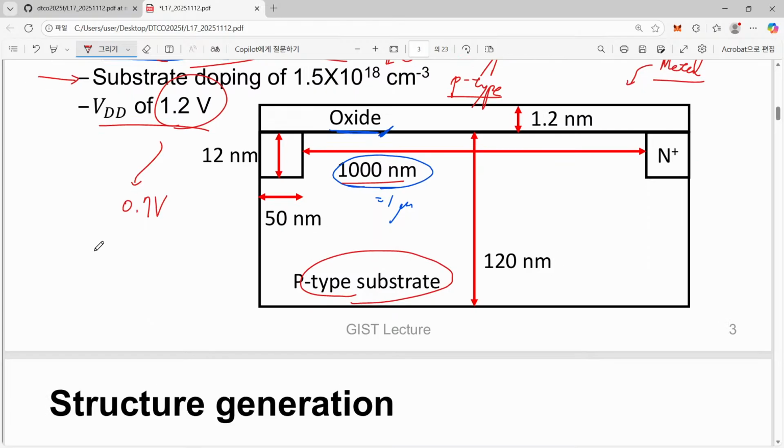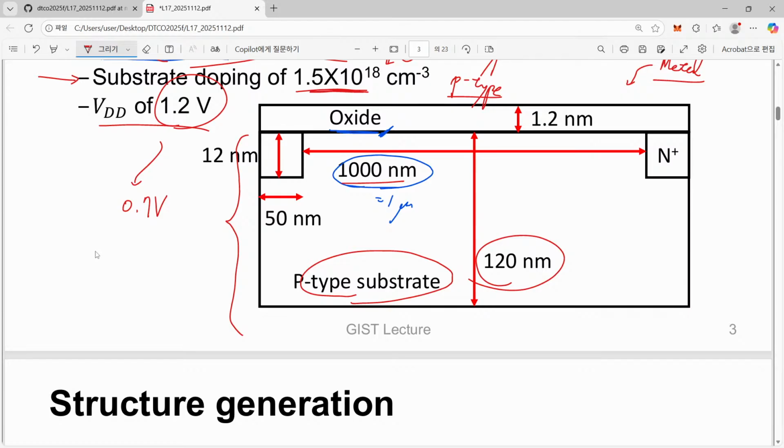Also, since it is so highly doped, just a short distance like 120 nanometer is enough to consider the entire device structure. Of course, the actual thickness of this p-type or p-well is much deeper, on the order of several hundred nanometers or even micrometer scale.